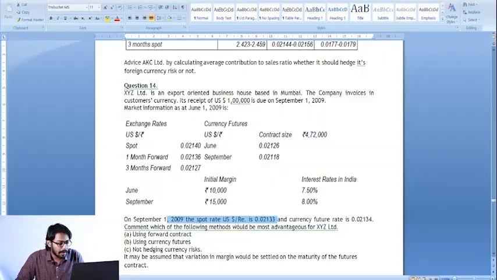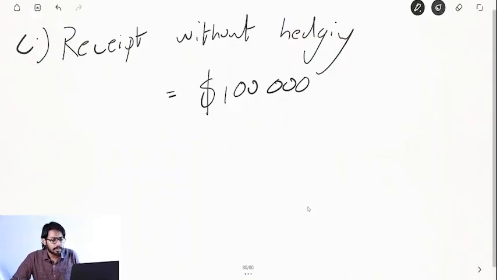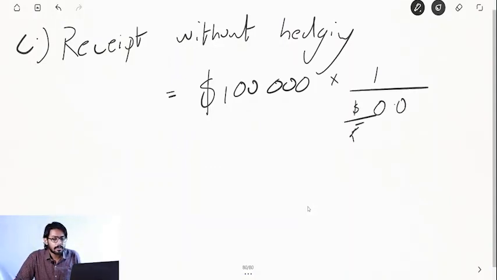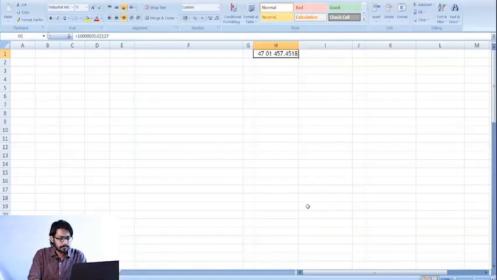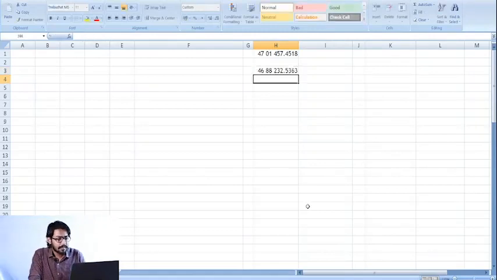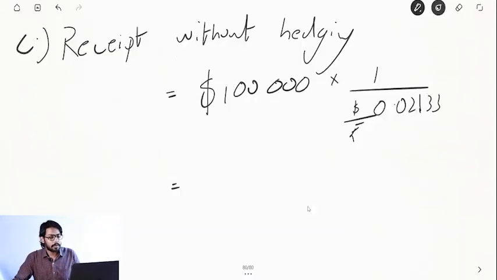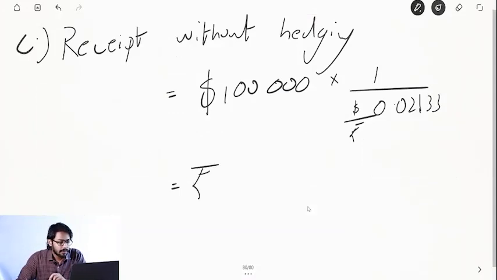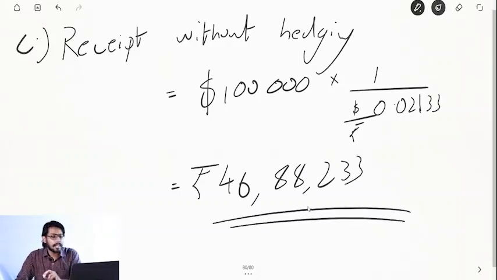Again, mind you, here also it is dollar by rupee, so into 1 by dollar by rupee 0.02133. That's equal to 1 lakh divided by 0.02133. They have given 5 decimals by the way. 46,88,232 or 233 rupees. 46,88,233 is what you will receive on the due date if you have not hedged.